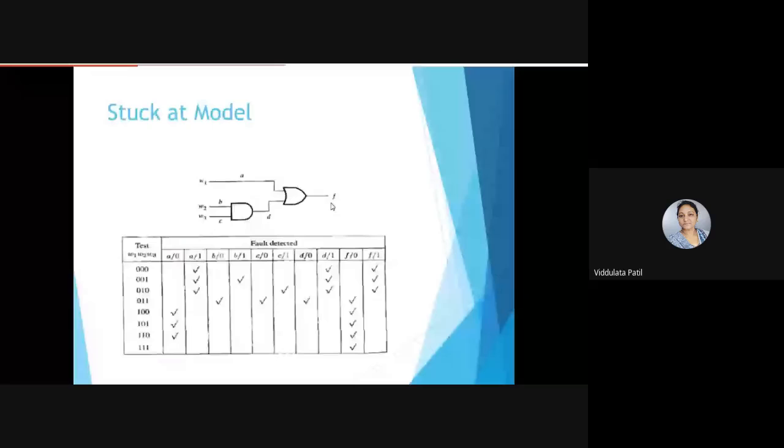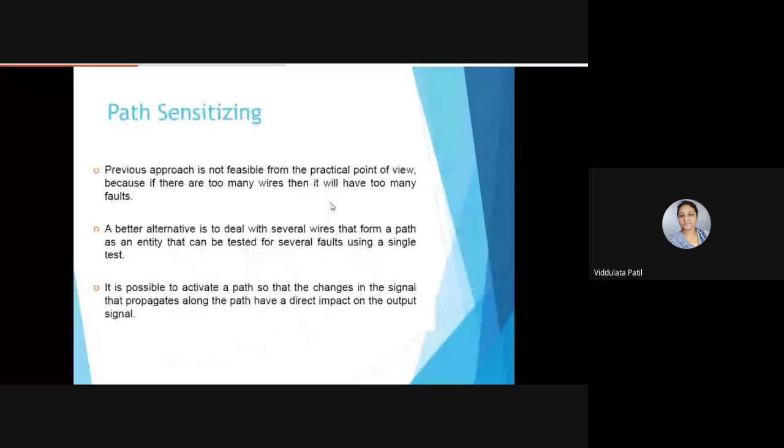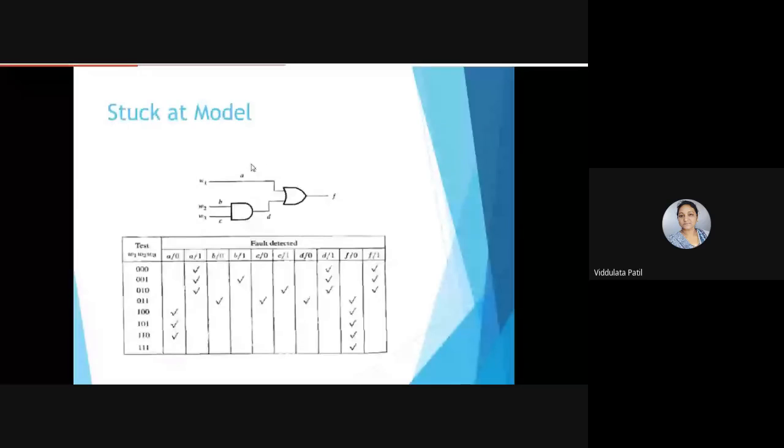But now, suppose A is stuck at 1, what will happen? It will produce a wrong result. Am I correct? Now, if B is stuck at 1, what will happen? Again, the output of this AND gate will be 1, and therefore the output of this complete circuitry will be 1.